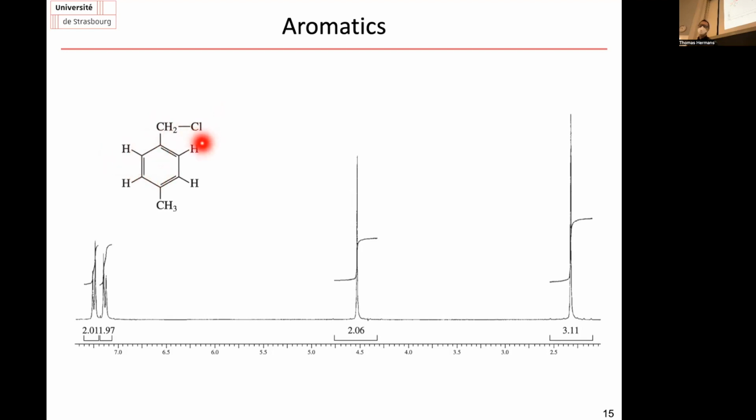They are chemically equivalent, but they have 1 neighbor, so it will be a doublet. Yeah, it was right. So it's a doublet because of this 1 neighbor. It's slightly more downfield shifted because of this chlorine here, but not too far from C that are also aromatics.